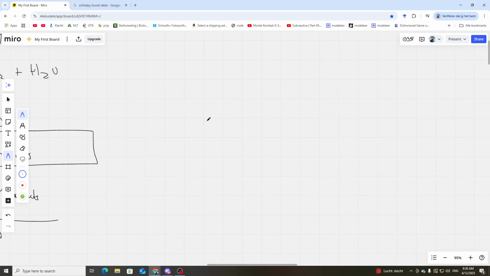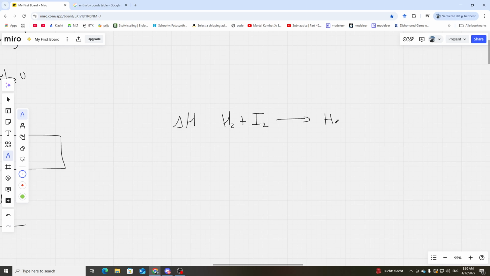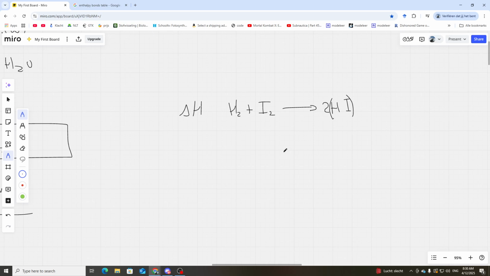Let's say, hey guys, I need you to calculate the delta H of H2 plus I2 becoming HI, and then we have two of those in a balanced reaction, right? 2HI. Step one, what do we do? We draw.